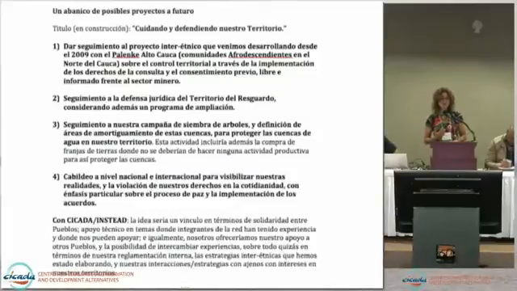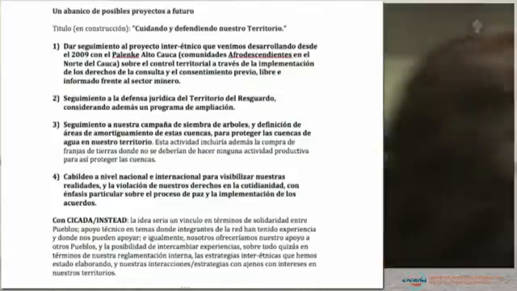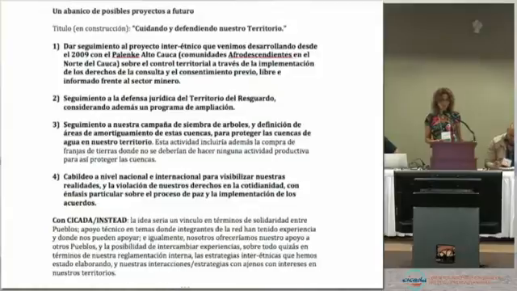The idea here is to follow on the things that we have accomplished in terms of adjusting the protocols, the joint strategy that we have put together, to see that the ancestral mines can be recognized officially by the state, not as something illegal, but as part of the Colombian framework.